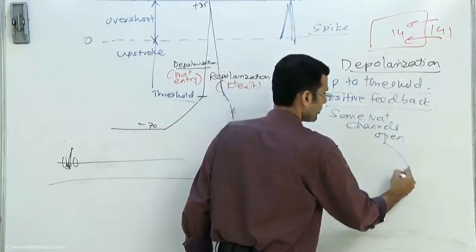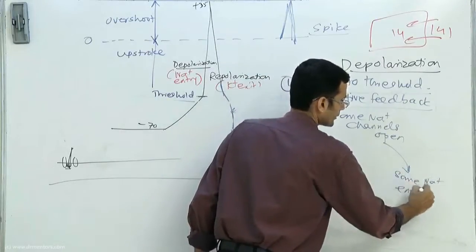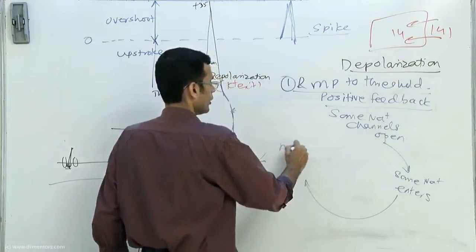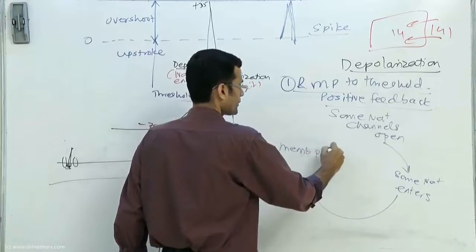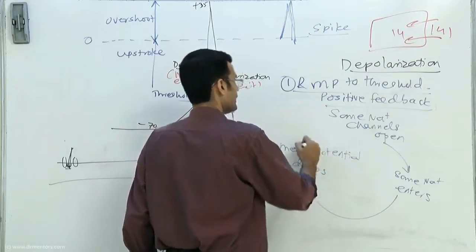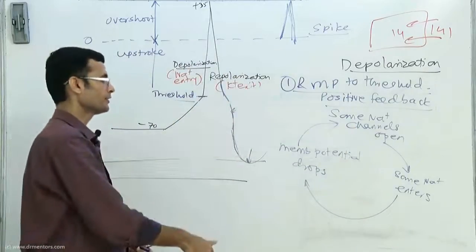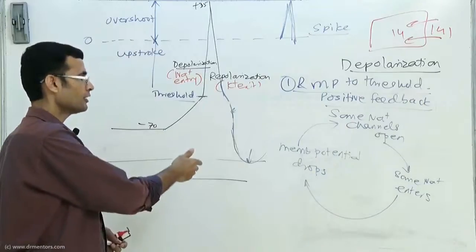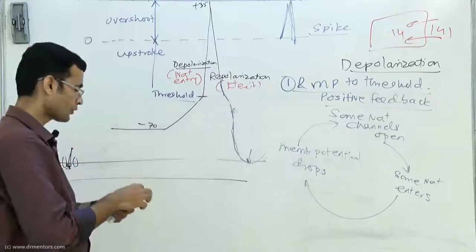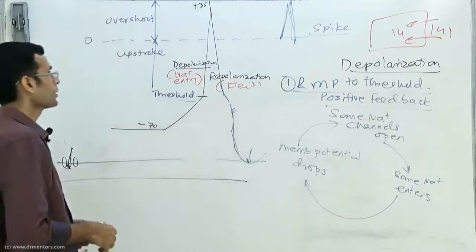So, some sodium enters. That means some positive charges enter. Therefore, membrane potential drops to a less negative value. And that opens some more sodium channels. So some more sodium enters, membrane potential drops further, and some more sodium channels open because of that. This is how the positive feedback works, like those small gates went on opening one after the other.